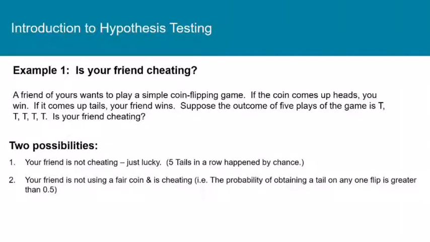So without putting any numbers to it, you're probably already starting to compare the probability of getting 5 tails in a row to the probability that your friend is cheating. If you weigh that and you decide that the probability of getting 5 tails in a row is larger than the probability of your friend cheating, then you will believe that your friend is not cheating.